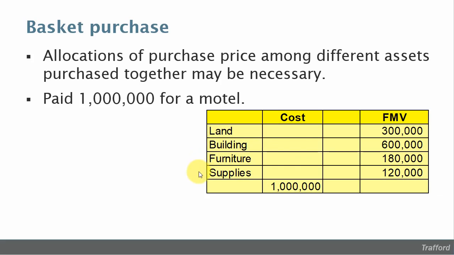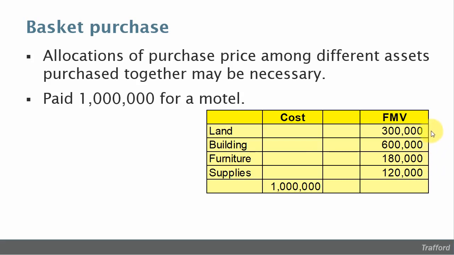Well, we would need to determine the relative fair market value of those categories of assets that we purchased. So you would have, most likely, if you couldn't do this yourself, you'd hire an appraiser who would come in and say, okay, let me tell you independently the fair value of each of these assets if you had bought them on your own.